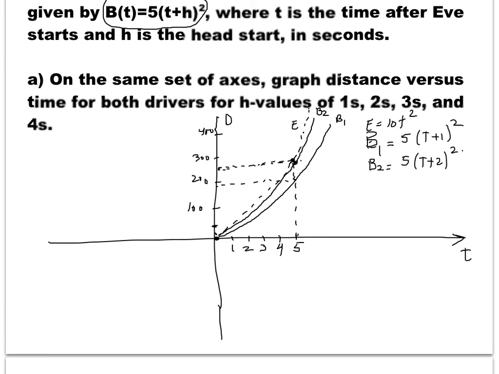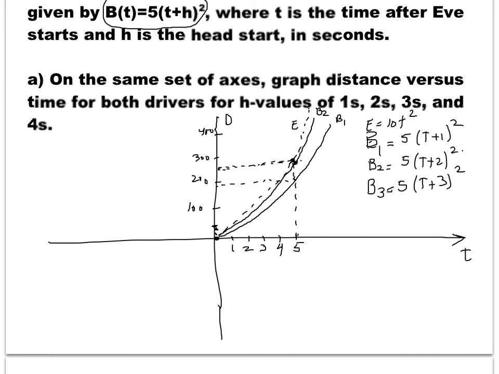The next graph is going to be B3. When head start is 3, so we get 5 times (t plus 3) squared. When t is 0, then you get 3 squared is 9. 9 times 5 is 45. So it's going to be somewhere around here, the initial distance.